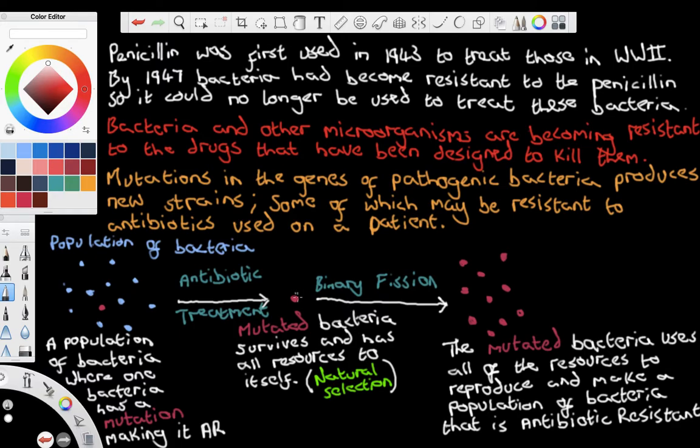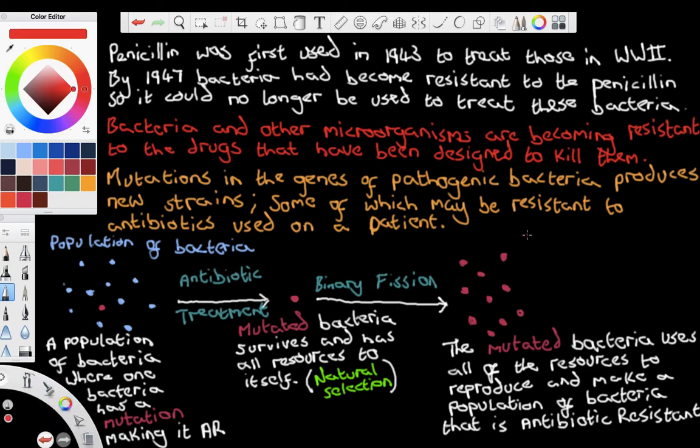So this bacteria, having all the resources it needs to survive, will undergo binary fission to form a population of bacteria that all have the mutation. They are all antibiotic resistant. So these bacteria will not have antibiotics work on them.